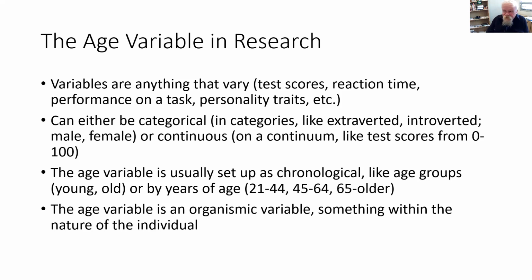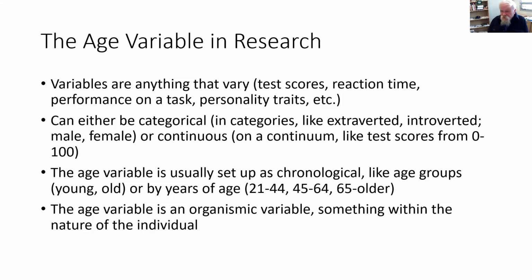We might have younger adults and older adults, for example, or we could have younger adults, middle-aged adults, and older adults. It depends on how the researcher sets up the study. Or we could look at years of age in groups.